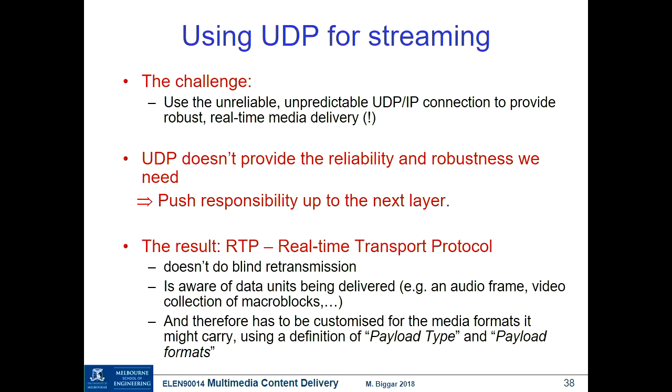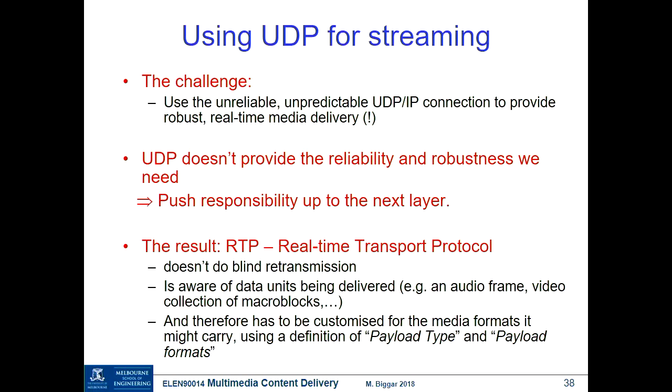Otherwise, we risk, if one UDP packet is lost, that we not only lose all the data that's in that UDP packet, but that the last bits were the first part of some other macroblock, and so the next frame is useless as well.